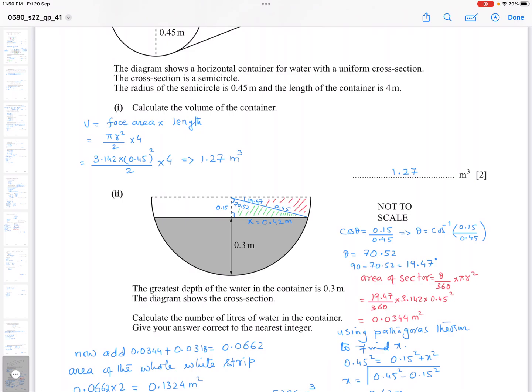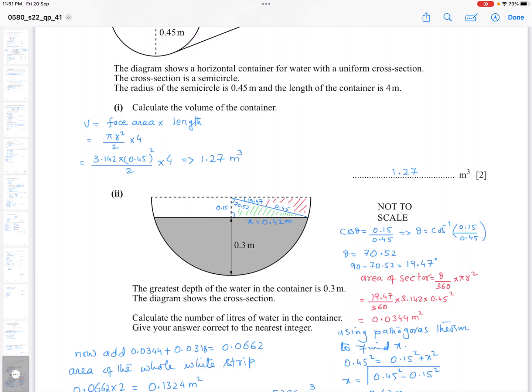So cos of theta is equal to 0.15 divided by 0.45, and theta is 70.52. You can see I have written 70.52 inside that green shaded right angle triangle. So if you subtract 70.52 from 90, you get the angle of the sector above, which is shaded red. So 90 minus 70.52 is 19.47.